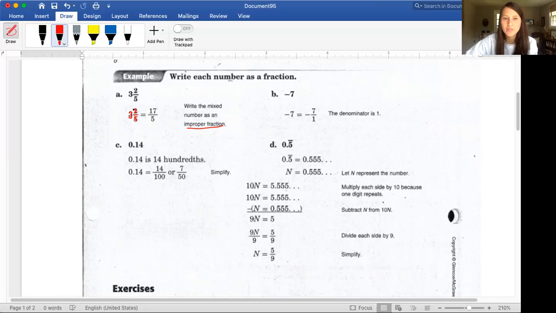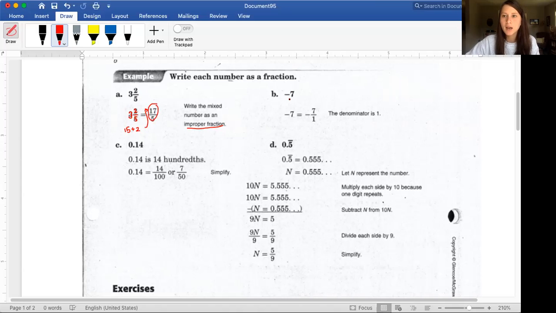But we've got to add the numerator to the parts that we found. So that would be 15 plus 2, and that would be 17, right? So our answer is 17 over 5. So your improper fraction for this is 17 over 5.